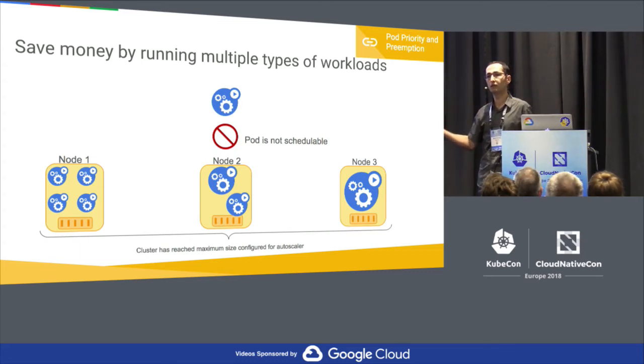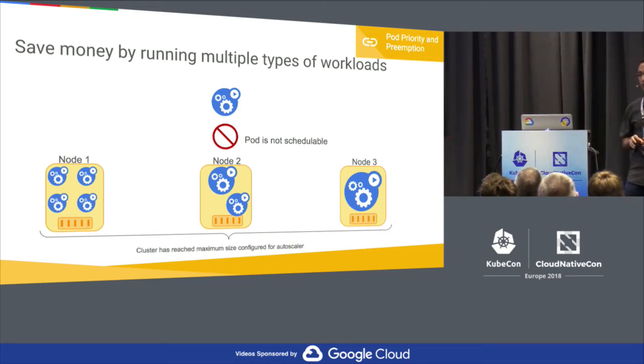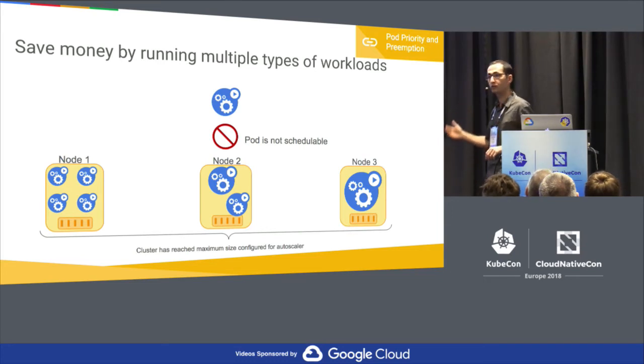So a way of saving money in a large cluster is to raise the resource utilization of each individual node in the cluster. This feature that I'm going to talk about was one of the most important features that helped Google raise resource utilization in Borg, in Google's internal clusters.